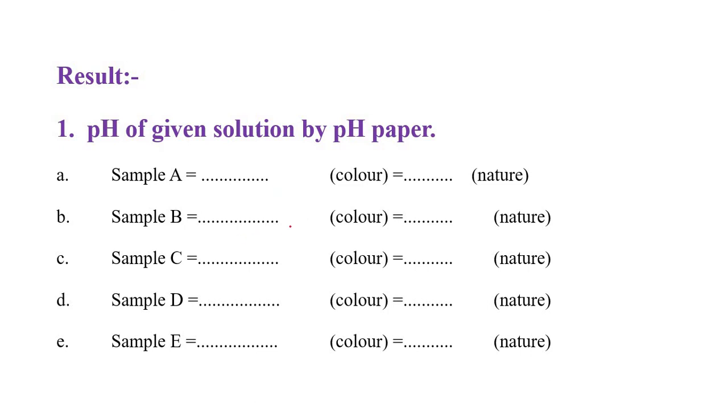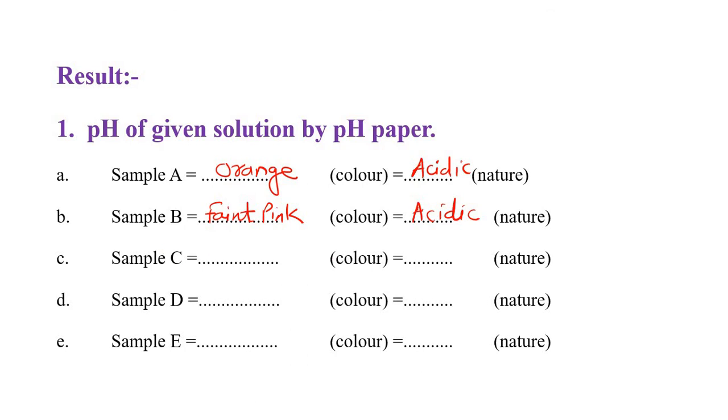Suppose for sample A the color change observed is orange. Then according to the given pH strips or colors, what is the nature of solution A? It is acidic. Similarly for sample B we observe the color change. The nature of the solution is again acidic.